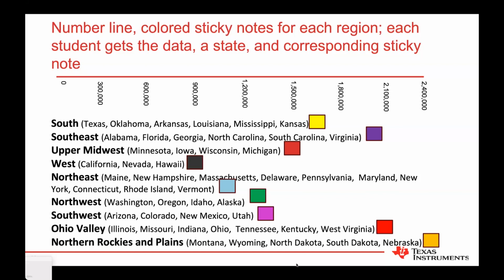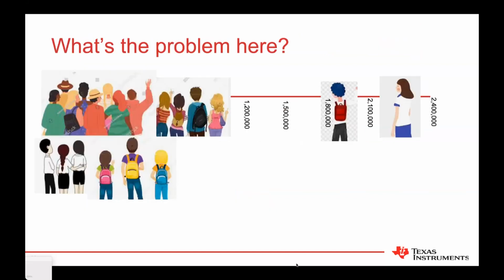If I don't have enough kids, like sometimes when I do this in college, I've only got about 18 students, and that's not enough to cover all 50 states, so kids get a couple of states. Next slide, please. I ask them to write the number of forest acres burned on their sticky note and post it on this number line.